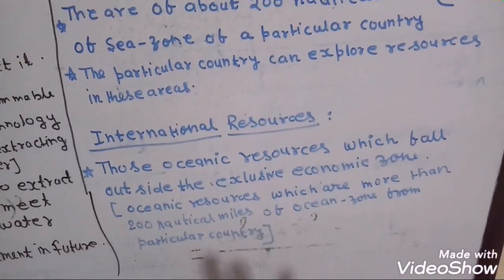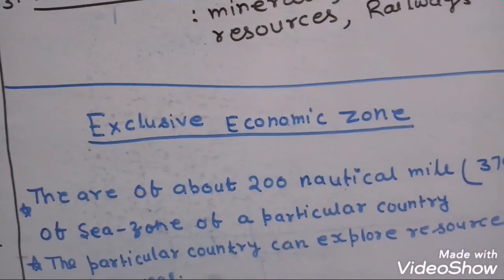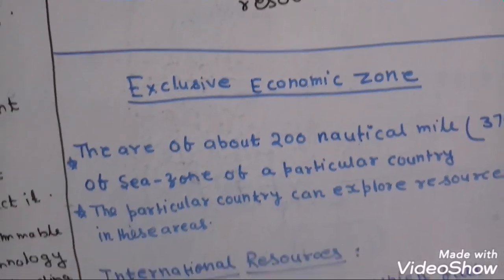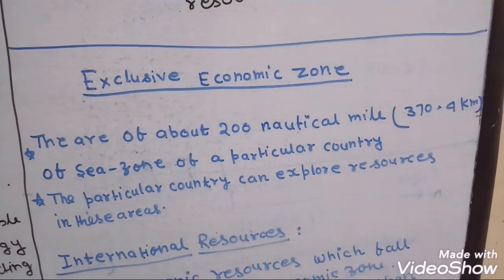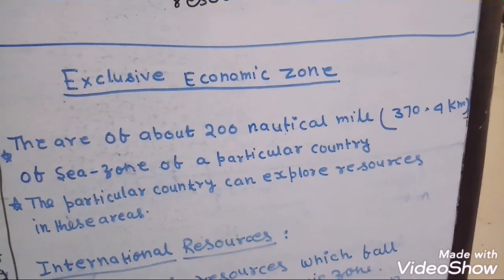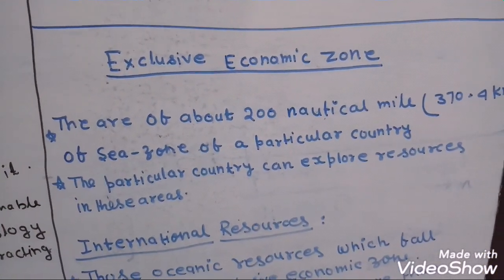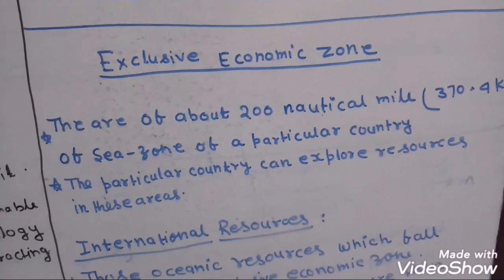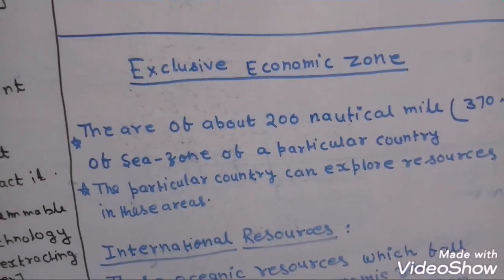Now, international resources. Before defining international resources, first of all, we define exclusive economic zone. There are about 200 nautical miles, that is 370.4 kilometers, of sea zone of a particular country called exclusive economic zone.